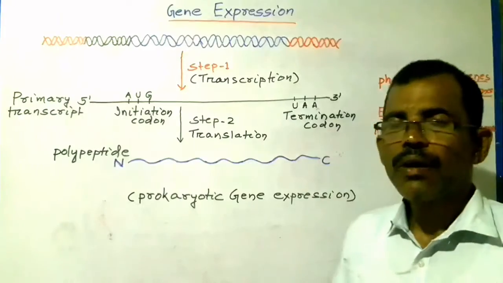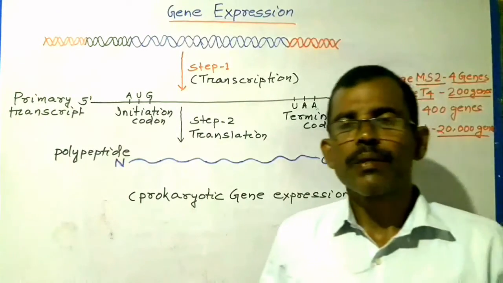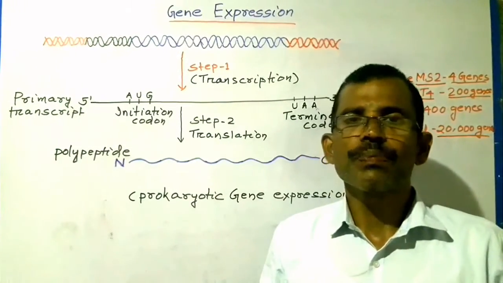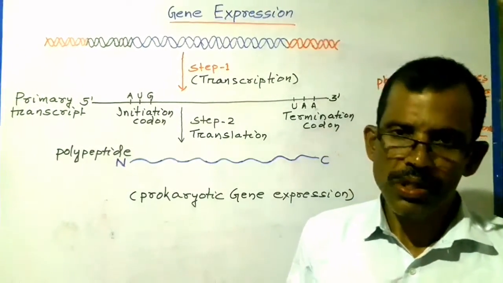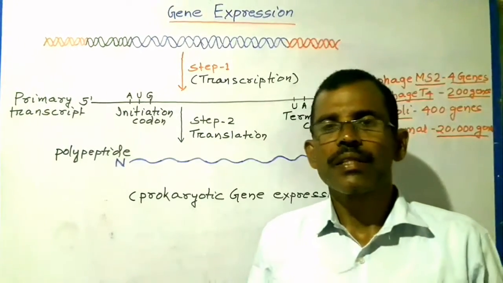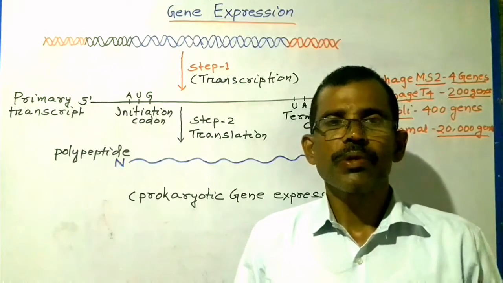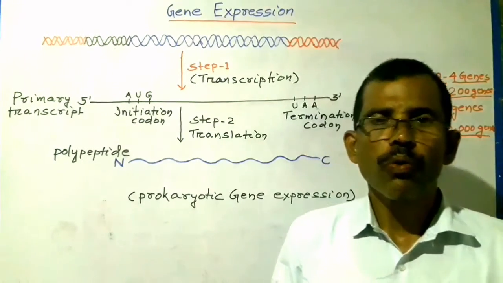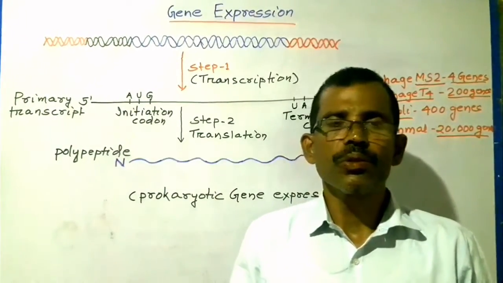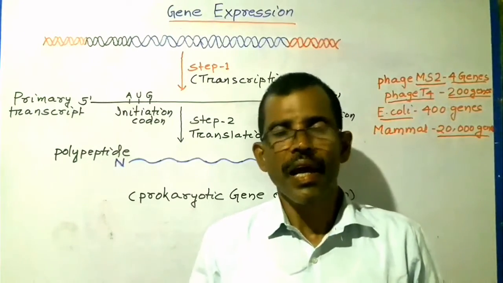Now come to the process of gene expression. In both prokaryotes and eukaryotes, gene expression involves two steps. The first step is transcription and the second step is translation. In transcription, only one strand of a double-stranded DNA molecule is used as a template to synthesize RNA.